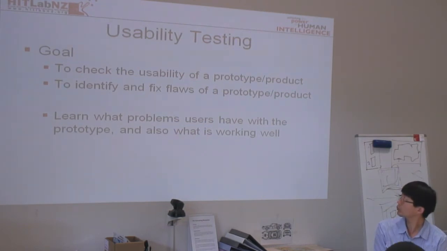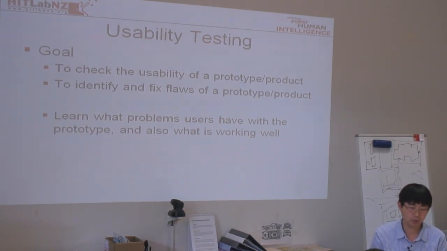But there's also a term called usability testing, and again, this is a form of test which is quite focused on the industrial part, or the industry or commercial field of HCI, which is focusing on checking the usability of the final product and your prototype to make sure it's good enough to be released in the market.